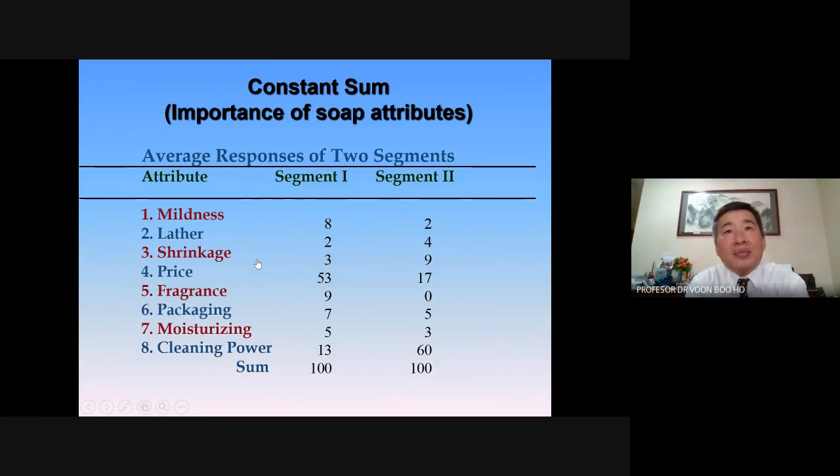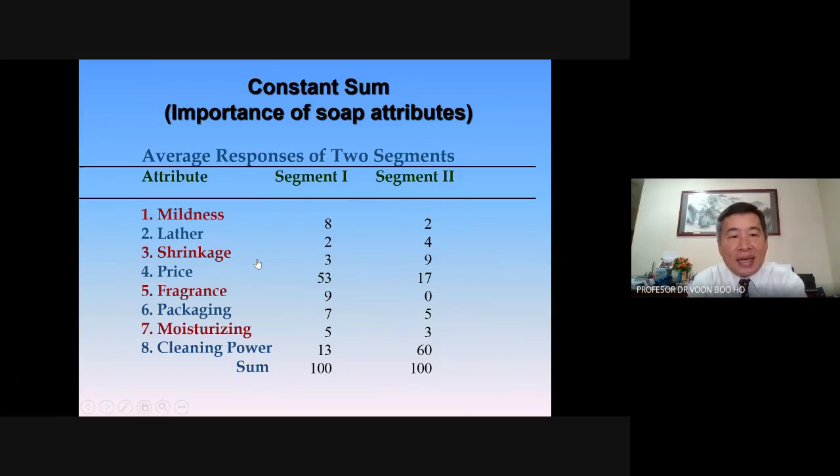Or you can ask them to distribute a sum of points. In this case, let's say 100 points across a few objects. And from there also you can know the relative importance or the relative seriousness or the relative effectiveness or the relative performance and so on, depending on your instructions, depending on what you want them to assess, right?